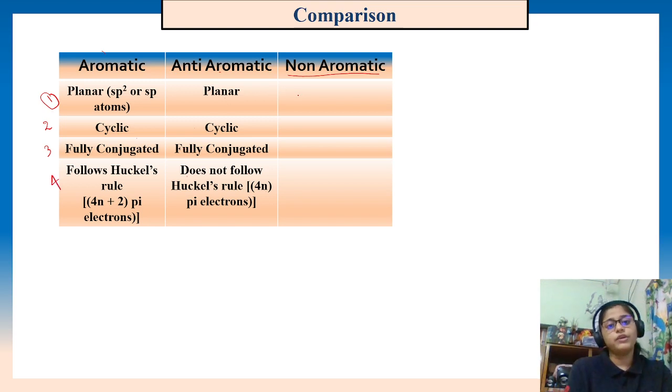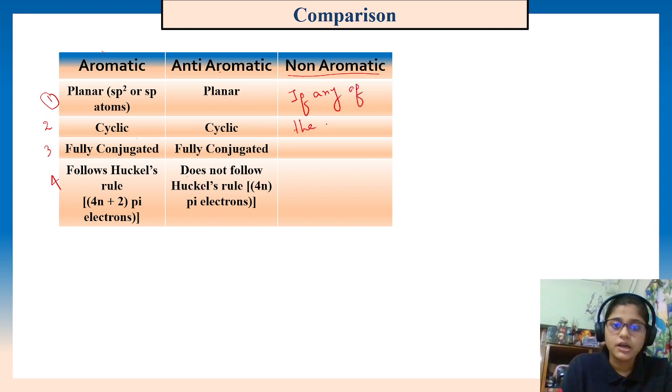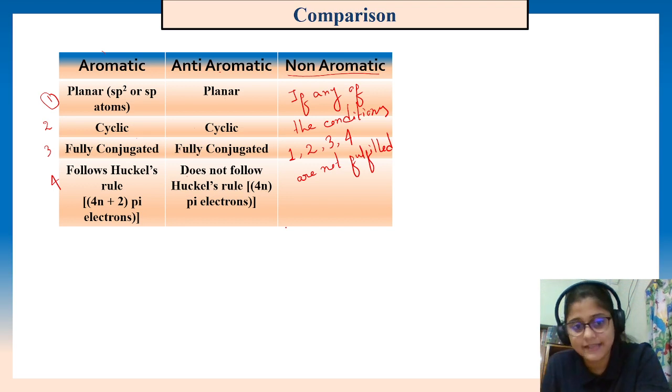If any of the 4 conditions are not fulfilled by a structure, then that kind of structure will be called non-aromatic. Okay, understood? Okay, let's take an example.